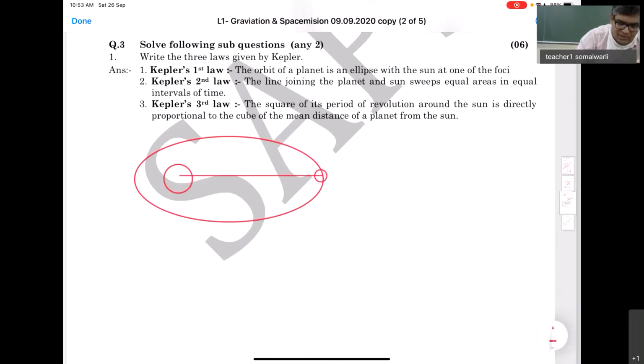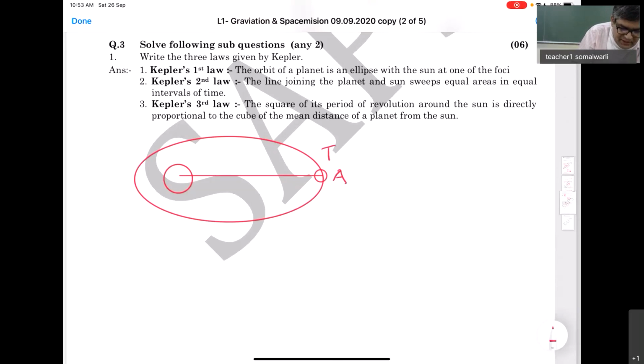Kepler's second law says that the line that joins the star and the planet sweeps equal area in equal interval of time. Suppose this planet is at position A right now.